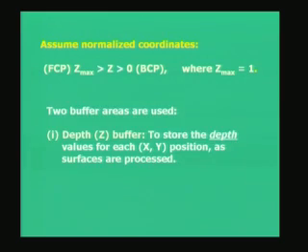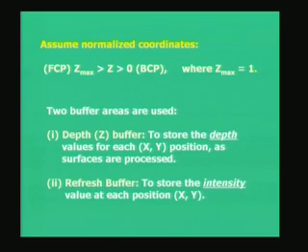And if that is so, the algorithm uses two buffer areas, or two memory areas, where one is a depth buffer or the z buffer, as the name suggests in terms of the algorithm, which is used to store the depth value for each x y position as surfaces are processed. So, we are processing polygon by polygon and we are updating the z at a particular value of x y, that is what we do.